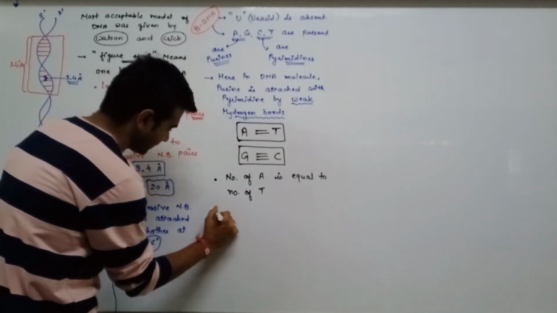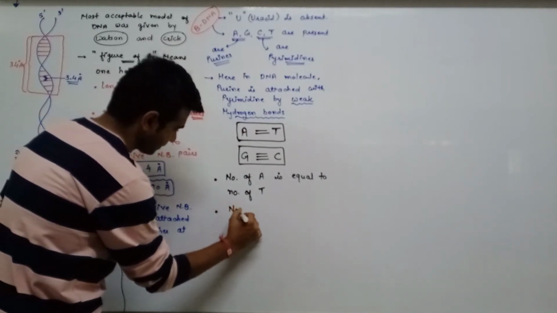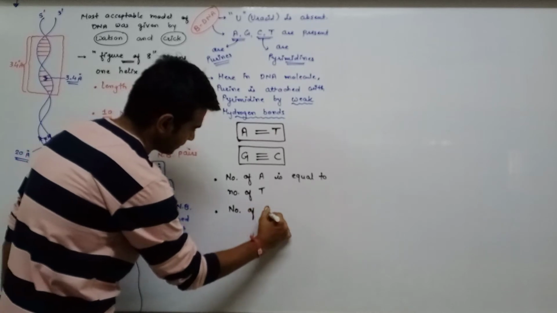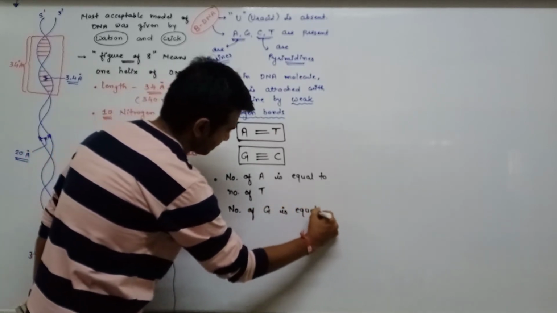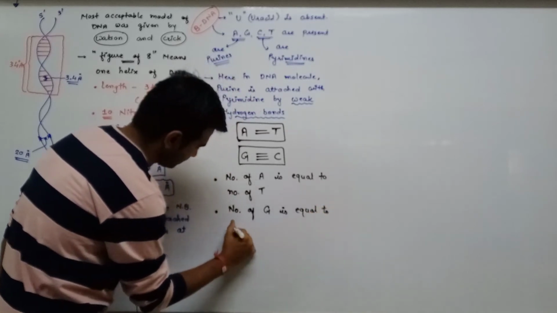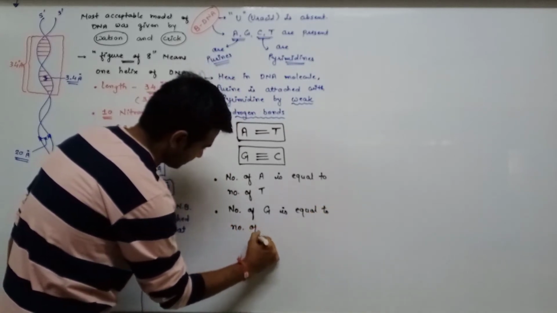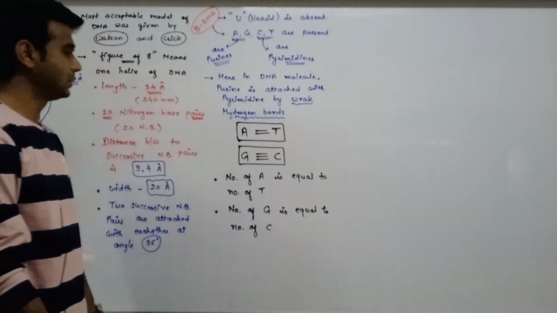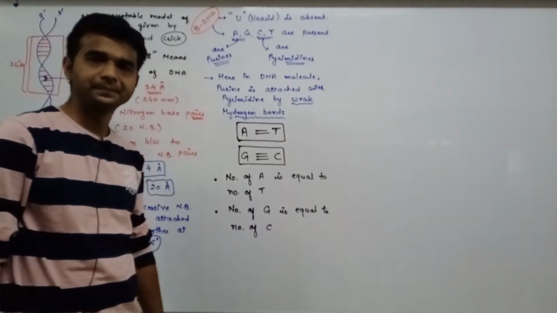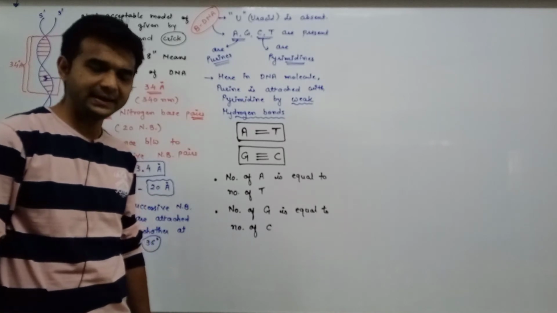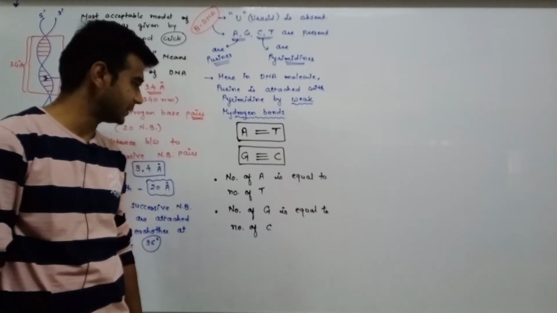Same way, the number of guanine is equal to the number of cytosine.